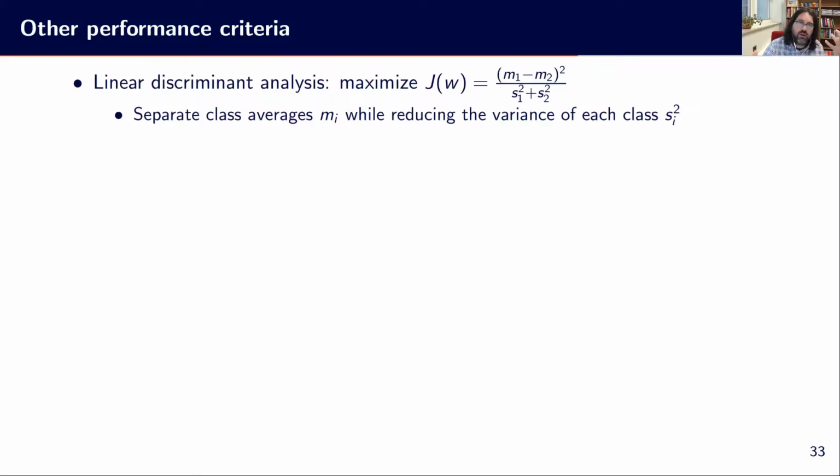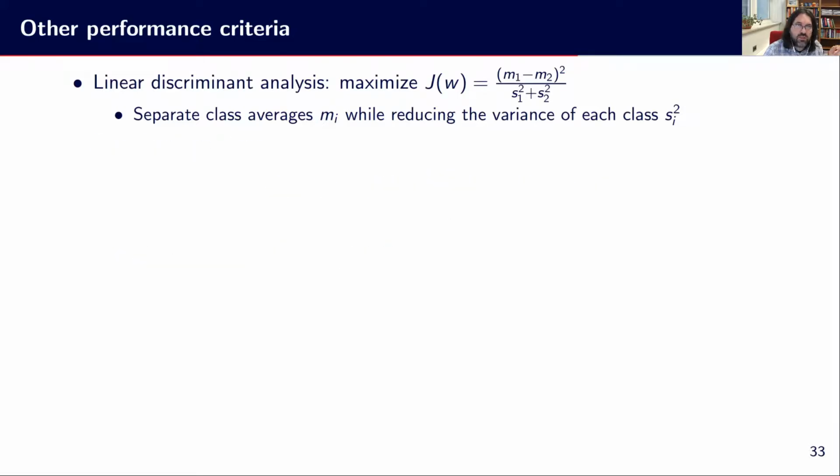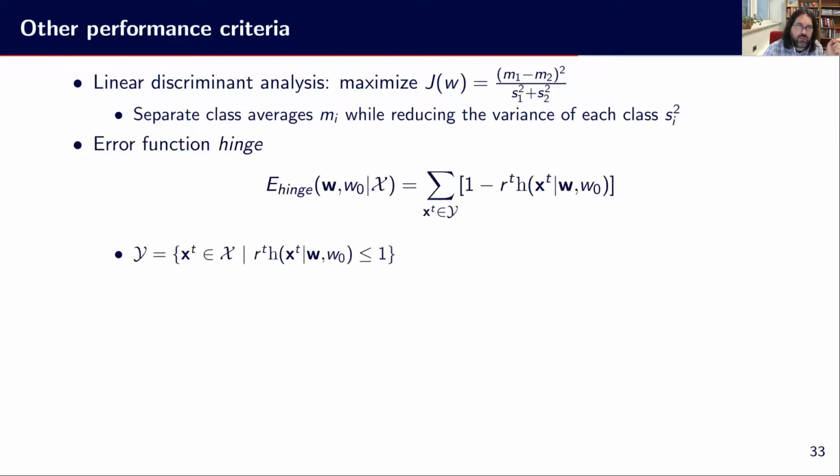We are assuming that they are normally distributed, so we're using Gaussian distributions, but we have a criterion to optimize such that we want to maximize the distance between the means of the 2 classes, but we are dividing this by the variance. We want to reduce somehow the variance of each class. This is relatively fancy, but that allows us to make interesting stuff with some kind of linear model, and this criterion is useful for that.